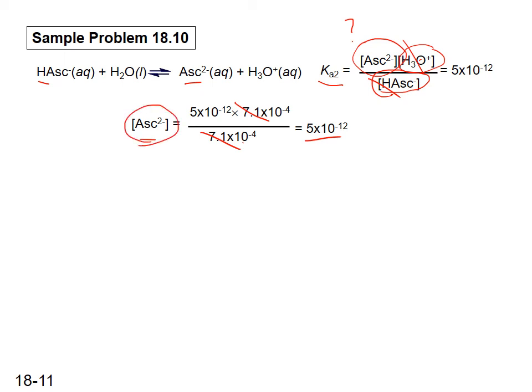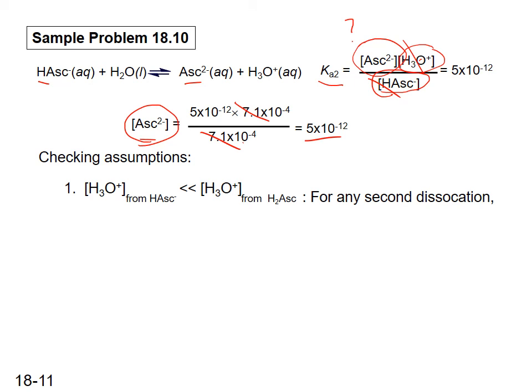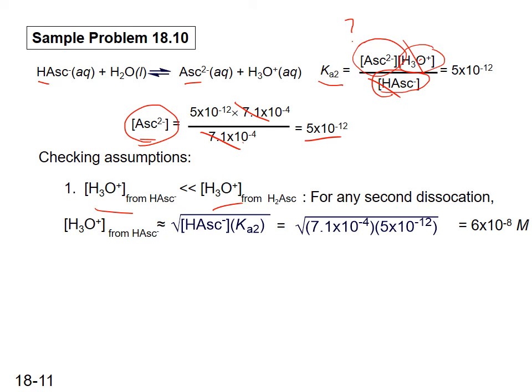Now at the last step, we need to check the assumptions, because during the calculation we assumed that the hydronium ion is only contributed by the first dissociation reaction. The second one contributes too little to be counted. So is this assumption valid? Let's see. For the second reaction, this is a weak acid dissociation reaction.